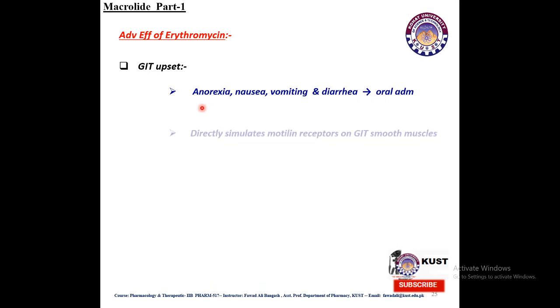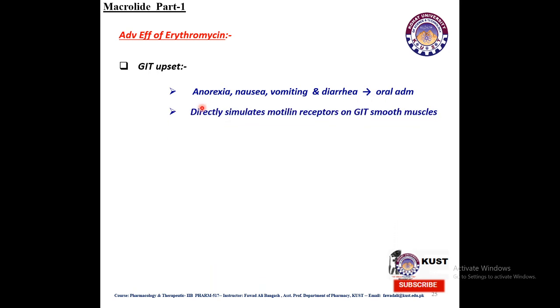Adverse effects of erythromycin. Erythromycin causes GIT upset, nausea, anorexia, vomiting, and diarrhea after oral administration. The most common adverse effect is diarrhea, because erythromycin is a prokinetic agent.